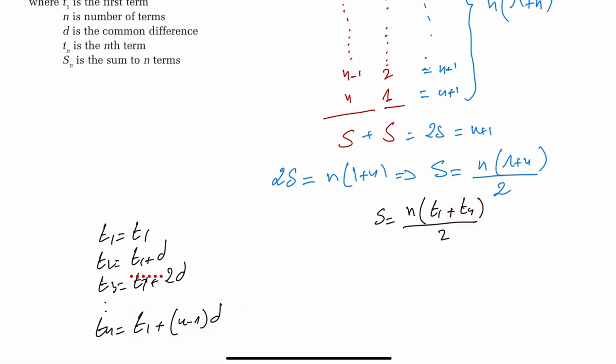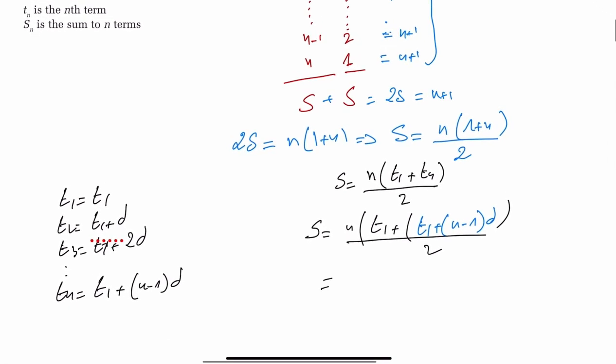So our Sn will be n times t1 plus this, which is t1 plus n minus 1 times d, divided by 2.